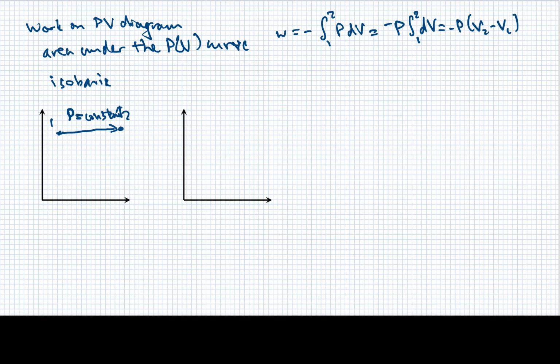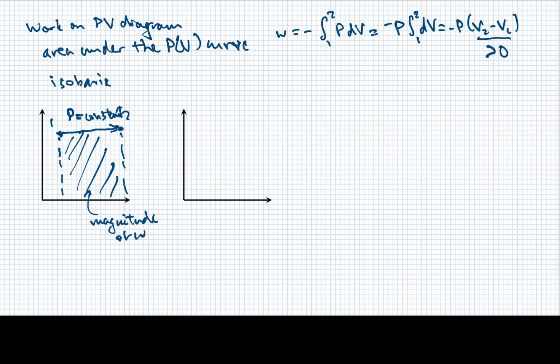All right, so what is that in this case? Well, the area under this curve is just this area. So this would be the magnitude of the work. Now, since it has the minus sign out here, and this was an expansion, that means this is a positive quantity, and this makes it negative. So in fact, it's going to be the negative of this in this particular case.